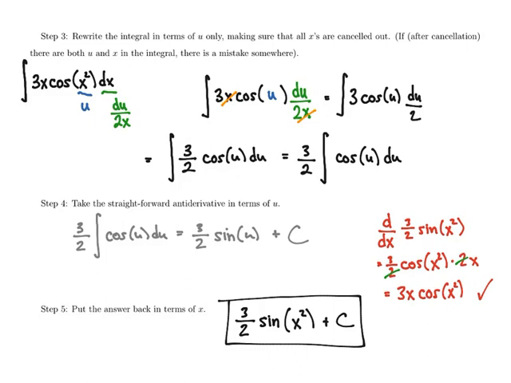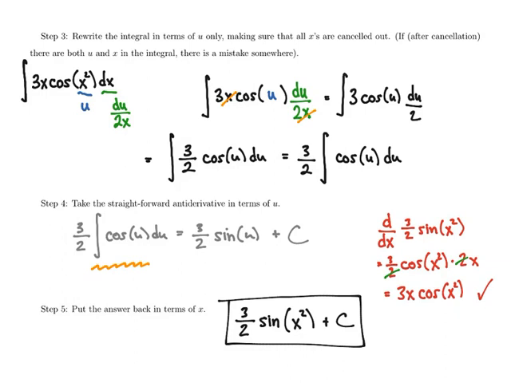If we think about our steps of the chain rule, we said there are 3 things we're going to do. We're going to take the derivative of the outside function, and the opposite of that is taking the antiderivative of the outside function. Note that at this step, step 4, we take the antiderivative of the outside function, cosine of u.